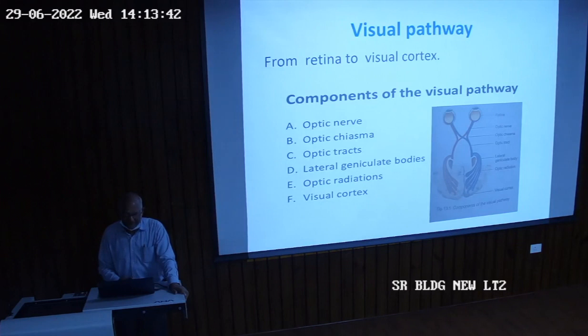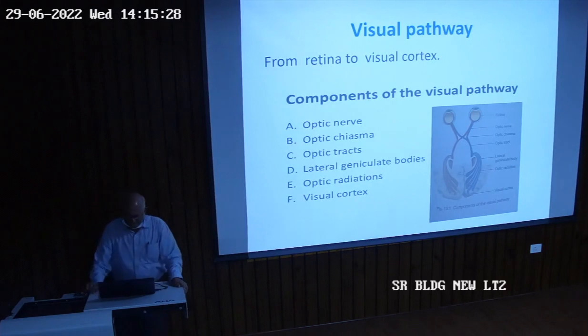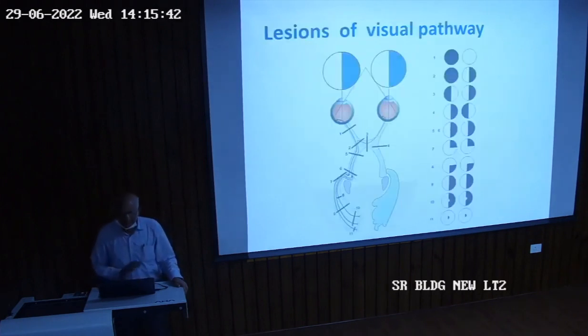So these nasal fibers are crossing to the opposite side, and temporal fibers to the same side, and they are going to the lateral geniculate body. The nasal fiber crosses, the temporal fiber does not cross, going to the lateral geniculate body, optic radiation and visual cortex. You know, visual cortex is 17, 18 and 19. Okay. Now the lesions of the visual pathway.